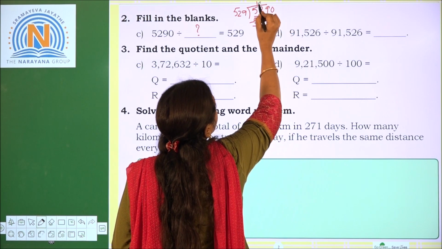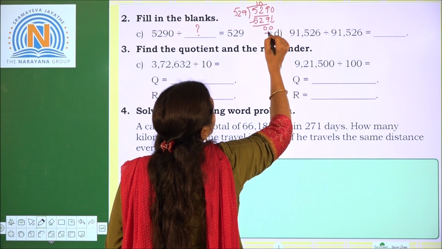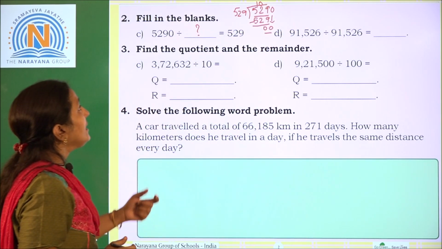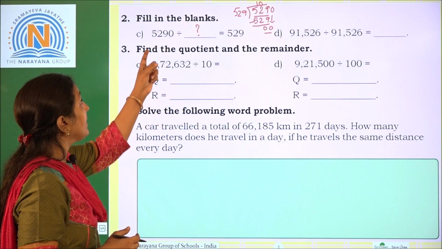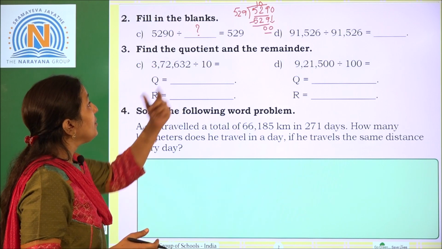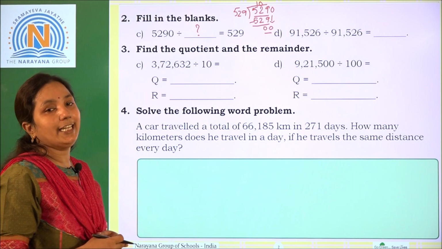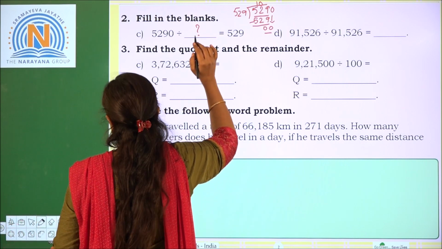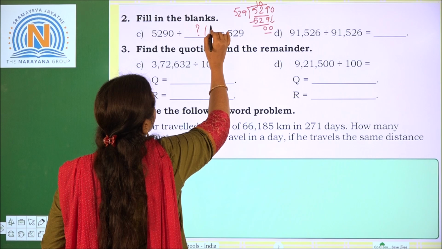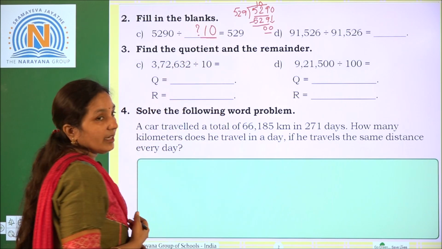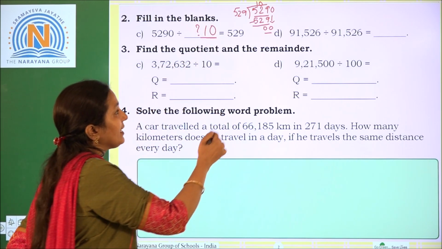Means we have to write 0 here. So if you divide 5,290, you will get the quotient as 529. It will be 10 times. Got it, children? It will be 10 times. Coming to the next one.